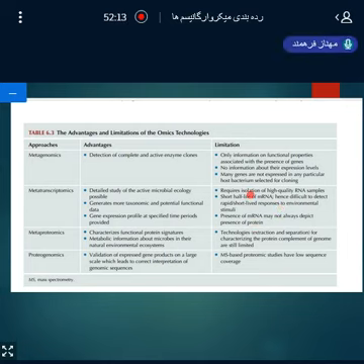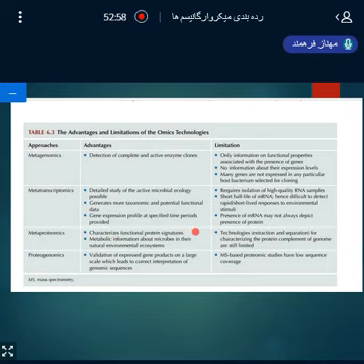For example, separation or extraction of proteins are difficult in metaproteomics.